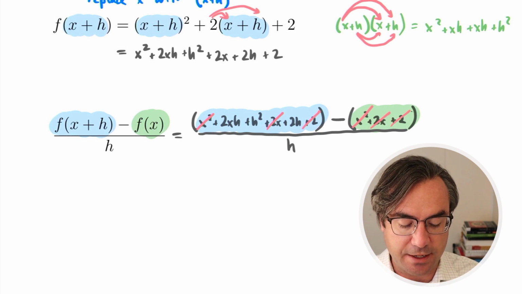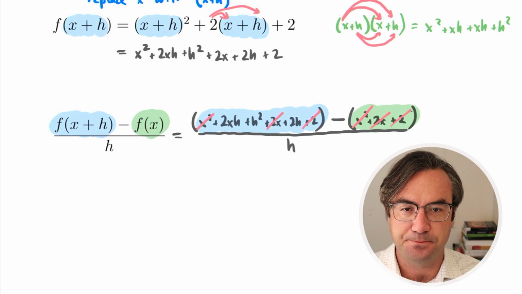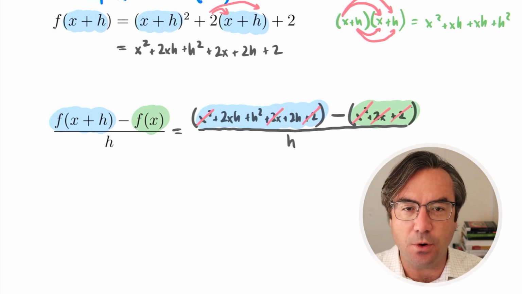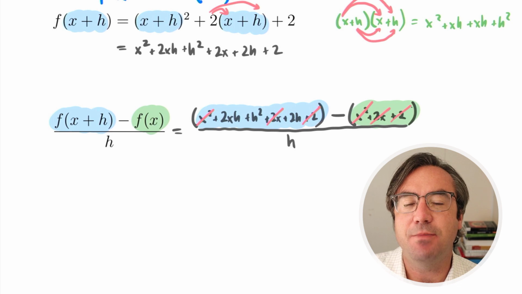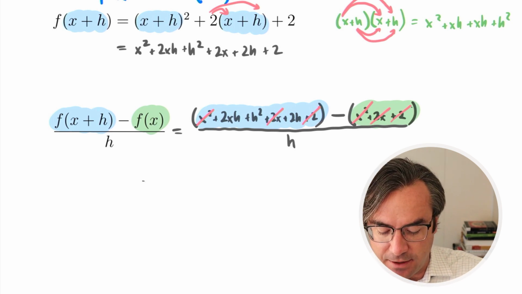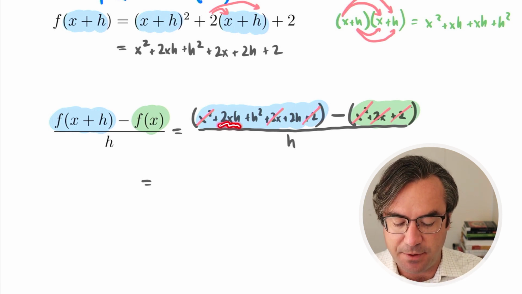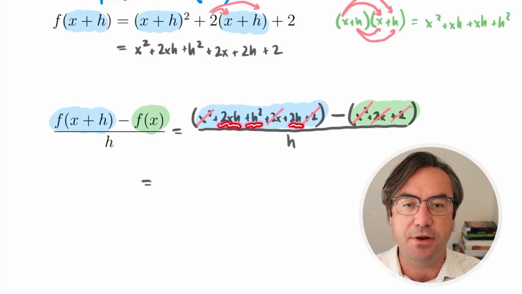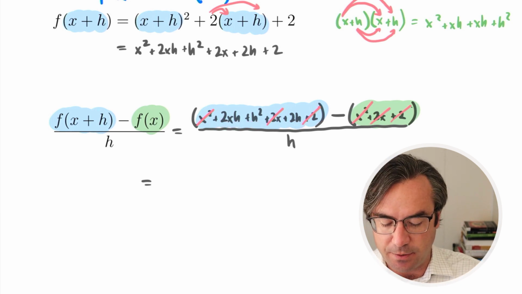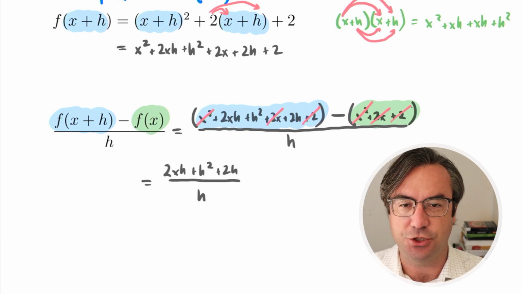And because we're subtracting, those cancel. All right, so once we do all that cancellation by subtraction, then we want to write down, well, what do we have left? Nothing happened to this one, nothing happened to this one, and nothing happened to this one. So let's rewrite those. So we've got our 2xh plus h squared plus 2h all over h.